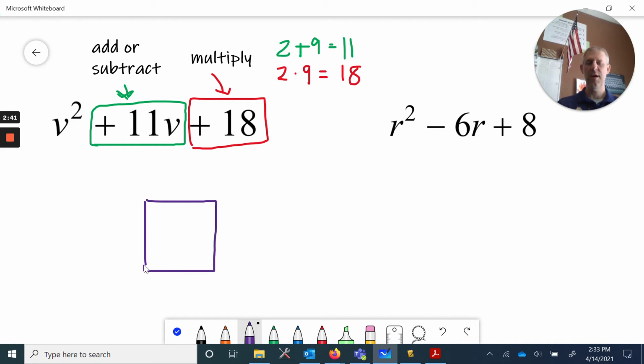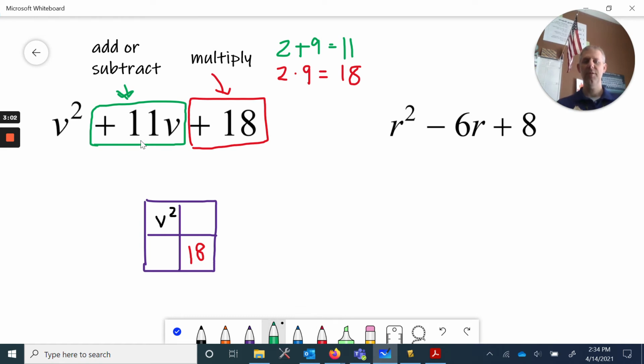And we're basically modeling this by using area. And so each box represents an area, length times a width. So in the top left box is going to go the v squared from the expression. The 18 is going to go in the bottom right box. So we'll fill those in from this expression. And then these two are where the green is, and we're going to split this up into two parts.